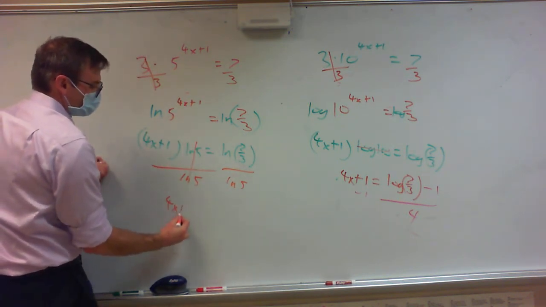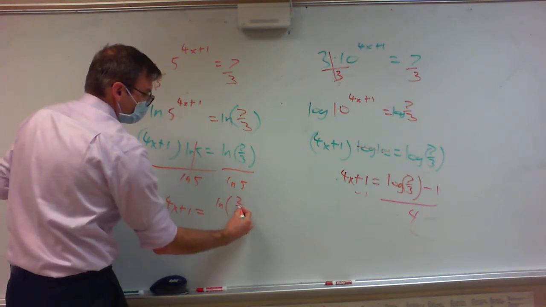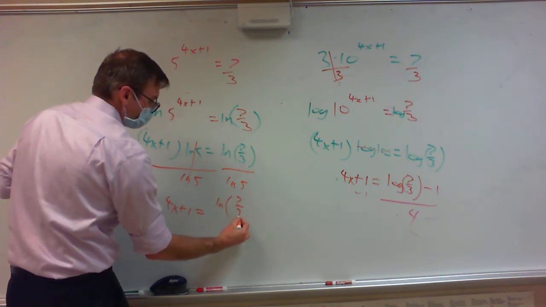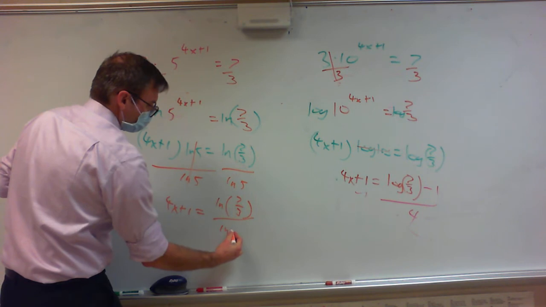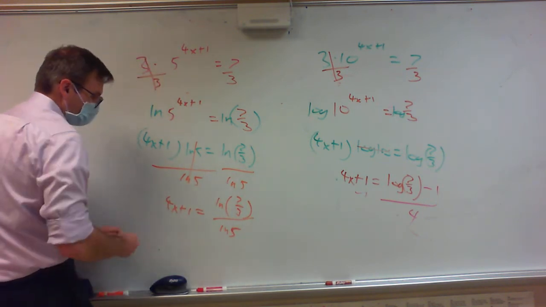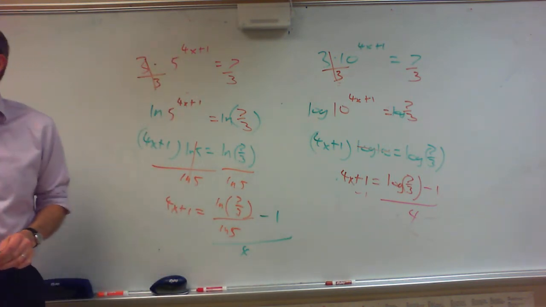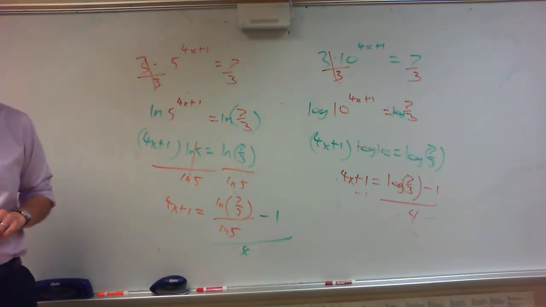So I end up with 4x plus 1 is equal to that mess, which is natural log of 7 over 3 divided by natural log of 5. And I get to subtract 1 and divide the whole thing by 4. Ugly.